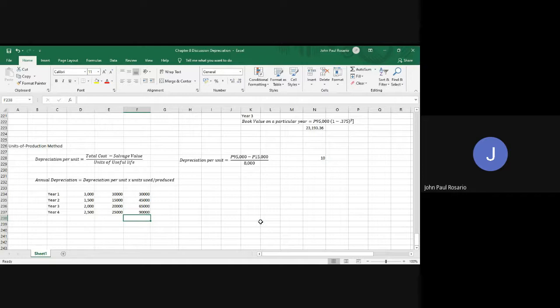Again, remember our total depreciable value of 80,000, which is the total cost of 95,000 less the salvage value of 15,000. Kaya dapat dili ka malapos dito. So we need an adjustment, since our target is 80,000. Meaning we have to adjust our depreciation expense on year 4 by how much? 10,000. So this one, we deduct this adjustment.